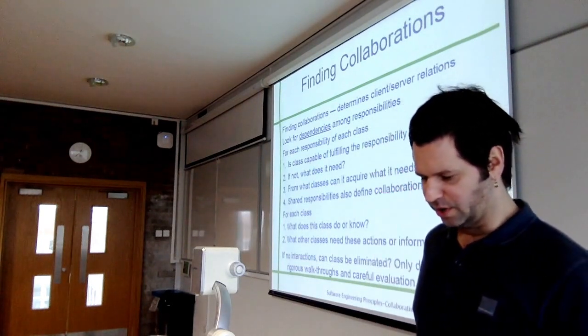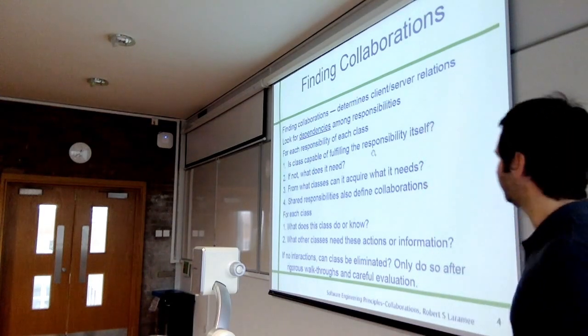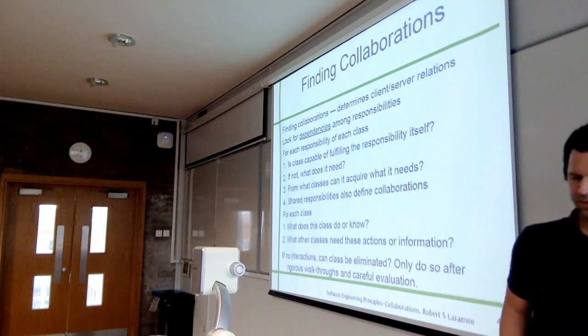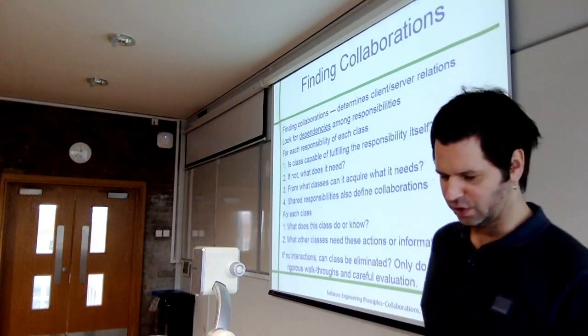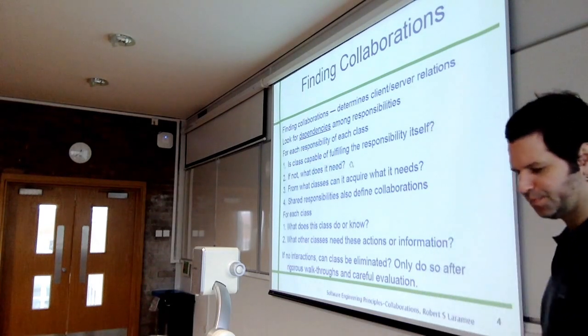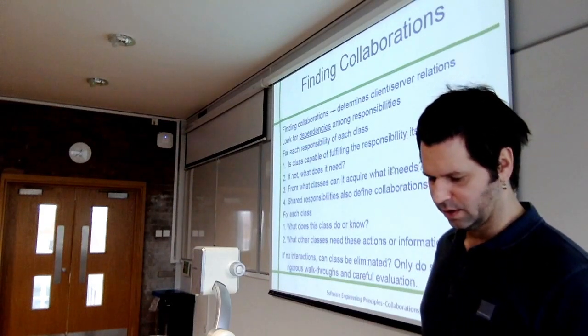For each responsibility of each class, is the class capable of fulfilling the responsibility by itself? True or false? If it's false, what other classes does it need in order to get help? From what other classes can it acquire what it needs?